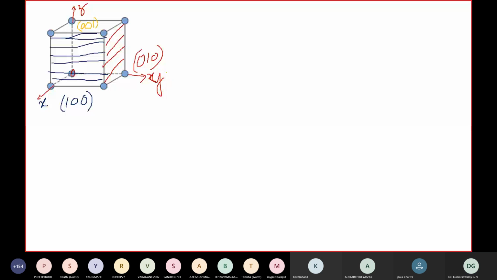So when I say 0, 0, 1, 0, 1, 0, or 1, 0, 0, in other words, when I say this plane and this plane and this plane, we cannot differentiate between them just because they lie in different directions. Do you agree or not?